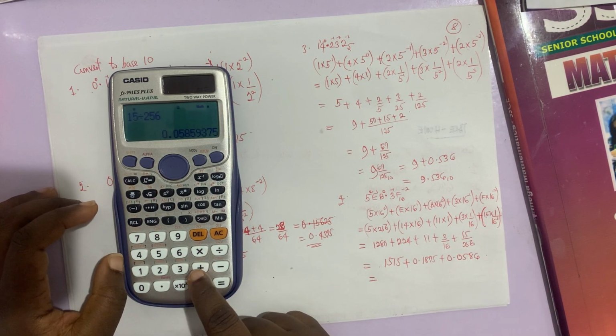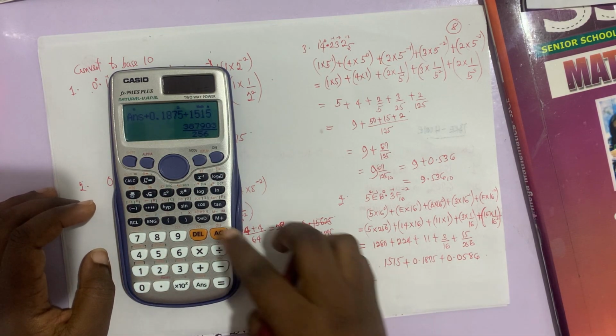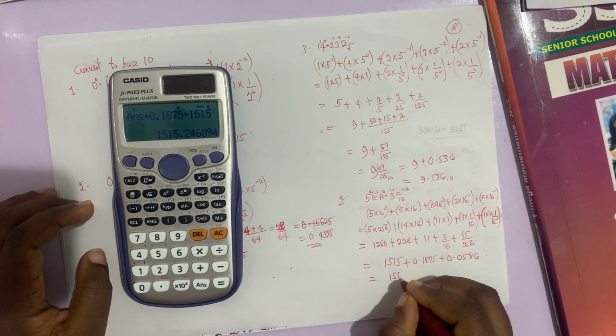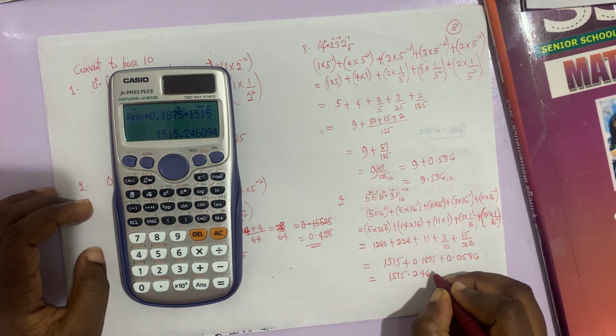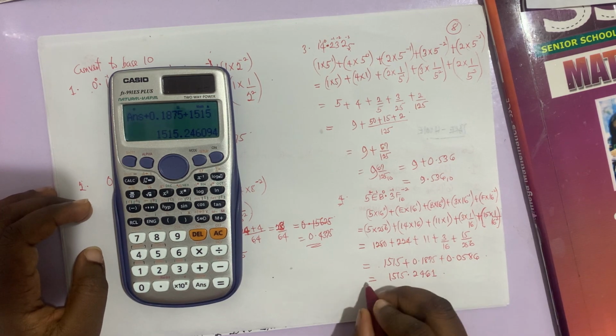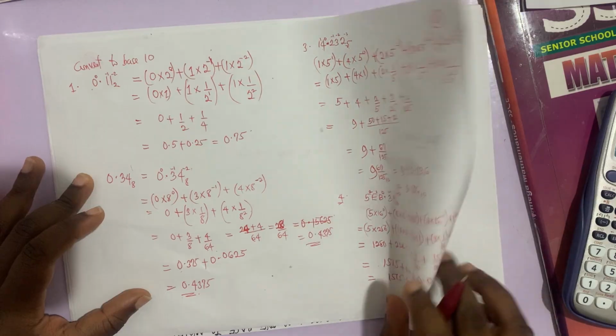So all of this will become 0.1875 plus 1515, which would give us 1515.2461 approximately, base 10.